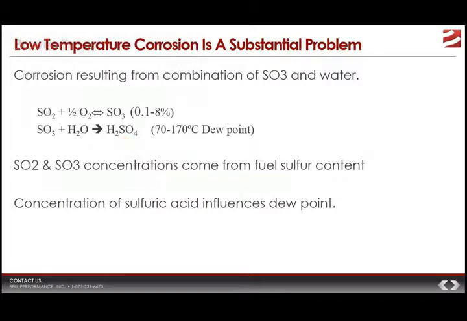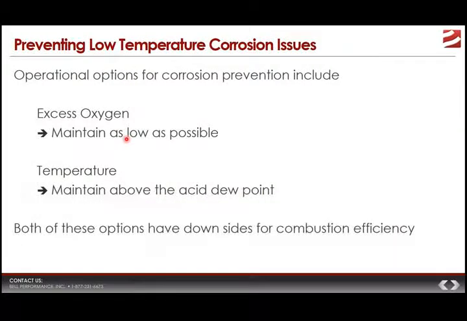What can they do? Well, they do have some options, but most of these options come with drawbacks. When they're talking about operational options here, one thing they can do is try and keep excess oxygen as low as possible. When we say excess oxygen in this context, what that means is the volume of air that they're supplying the combustion process, because that's where the oxygen comes from.